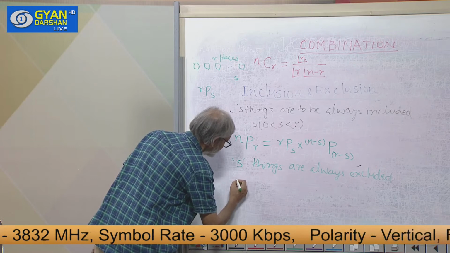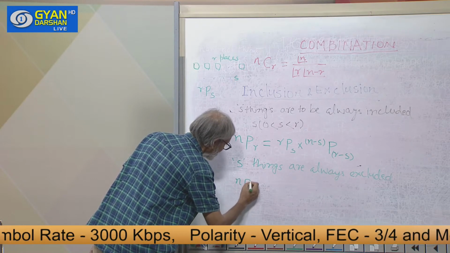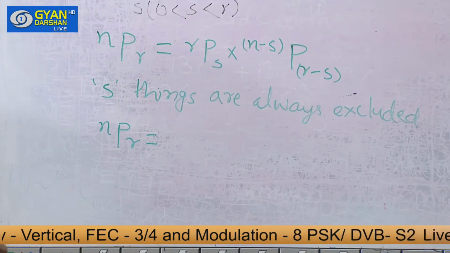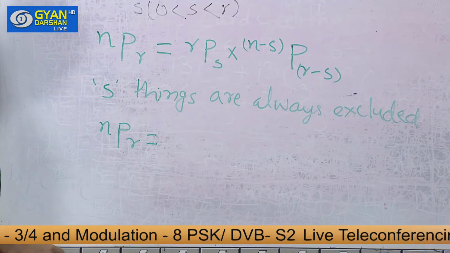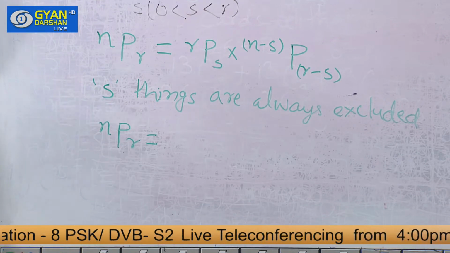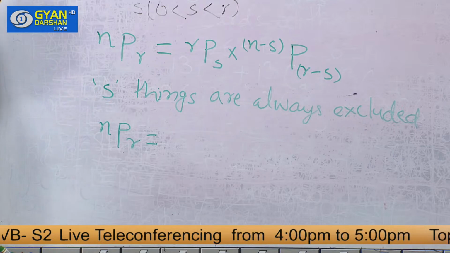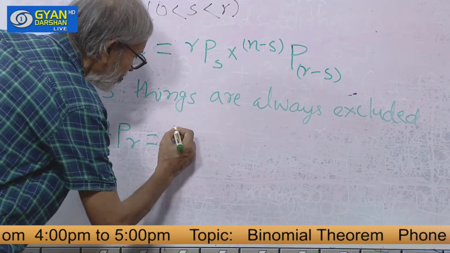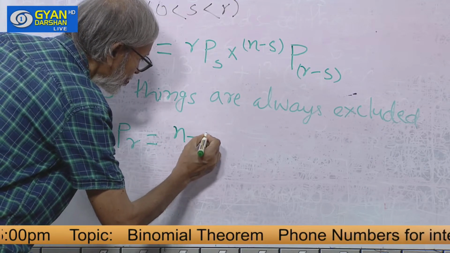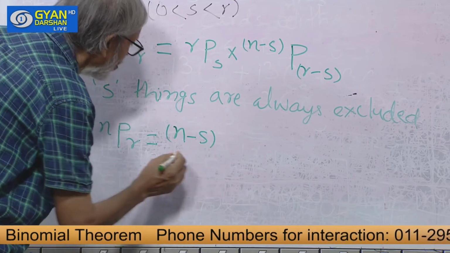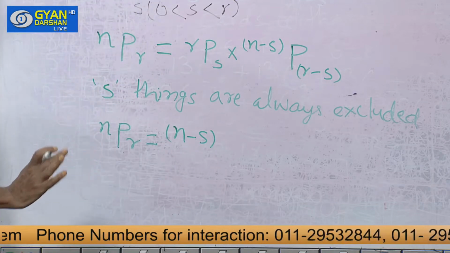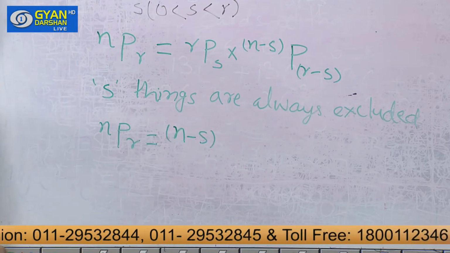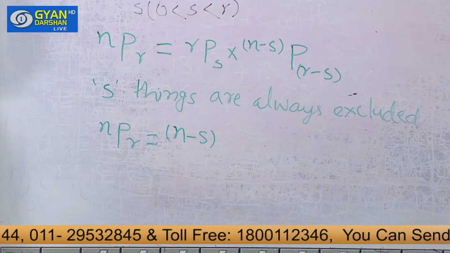In this case, nPr will be equal to, since s things are to be always excluded, we have only n minus s things to choose from. We do not consider s things as our input set or domain.